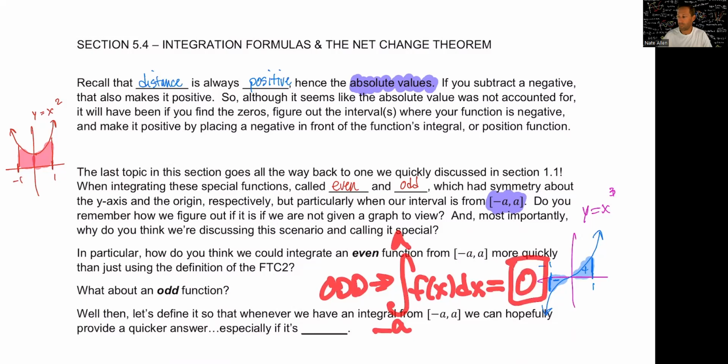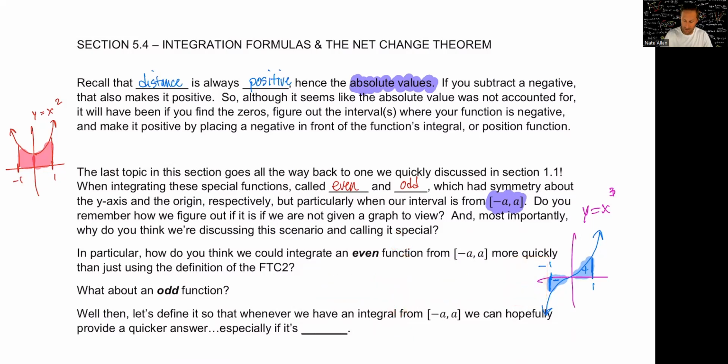That would be 0. Pretty awesome. That one is definitely faster than anything we could ever dream up.